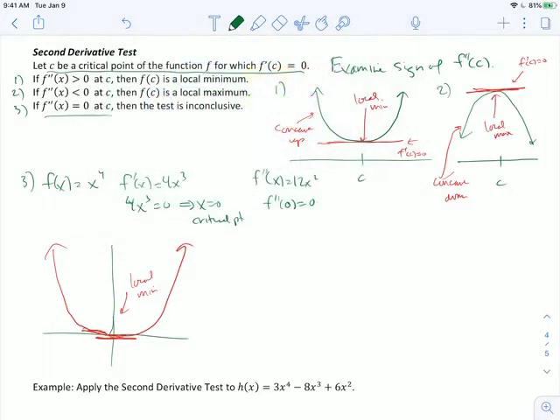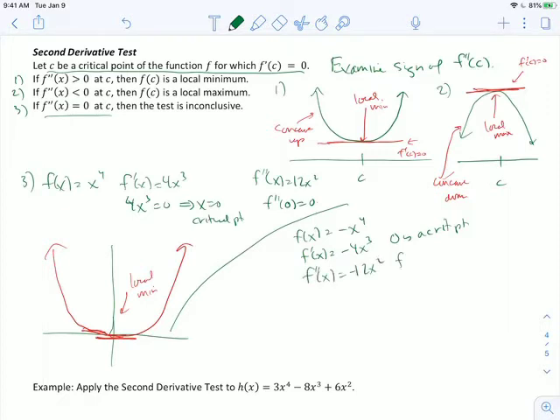But I could also look at f of x equals minus x to the fourth. F prime is minus 4x cubed. 0 is still a critical point. The second derivative is minus 12x squared, and f double prime of 0 is 0 for this function as well.